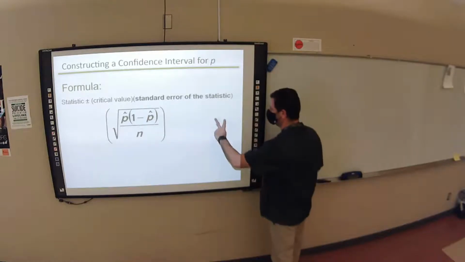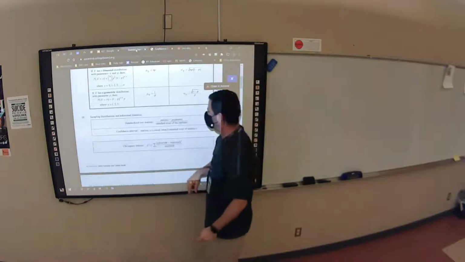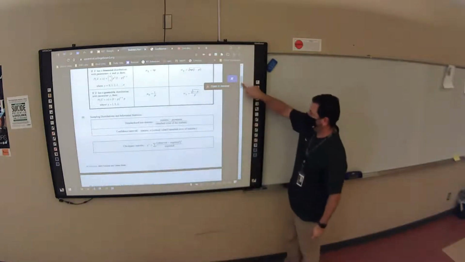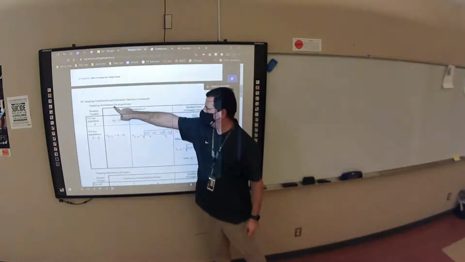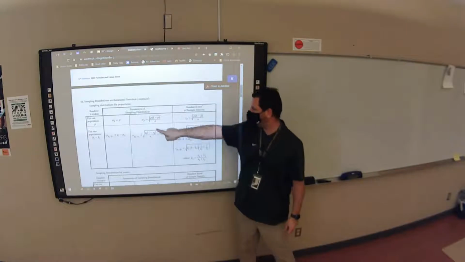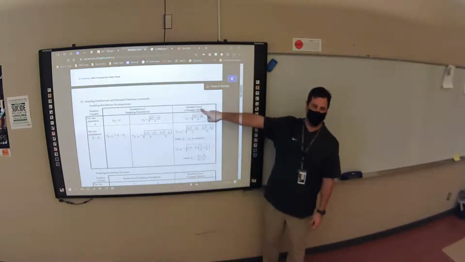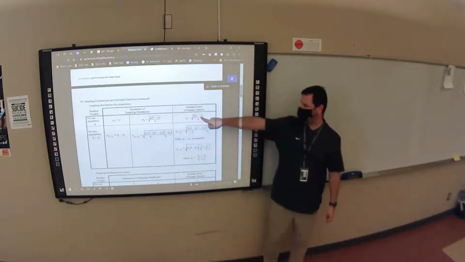Let me show you. Maybe you noticed it on the formula sheet last time. On the next page, it says sampling distributions for proportions. Here's the mean, here's the standard deviation, and over here it says standard error. It's the exact same thing, other than it uses p hats.